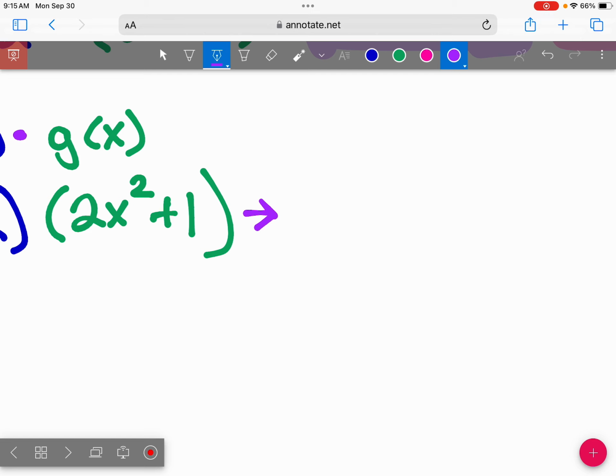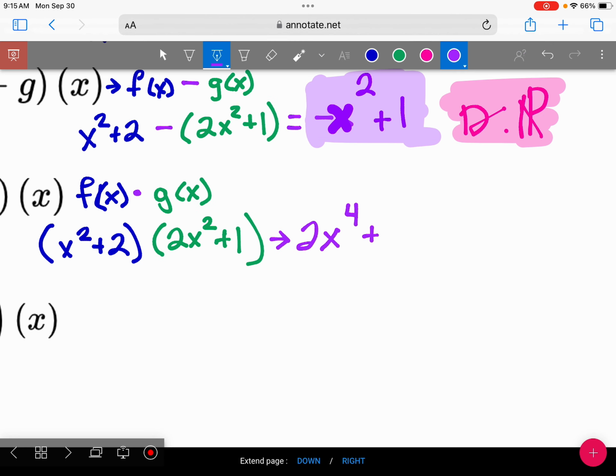So what do we get when we multiply this out? Careful, careful. 2x, what exponent? 2x to the 4th. And then we're going to have our plus 4x squared plus 1x squared plus 2.